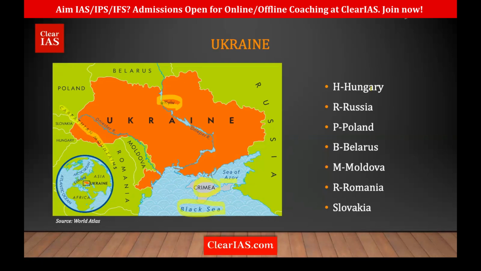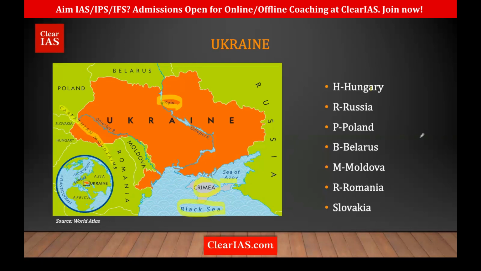Don't forget this line: Hungary, Russia, like a polar bear, ate Mors, Ukraine. So we have Hungary, Russia, Poland, Belarus, Moldova, Romania, and Slovakia bordering Ukraine.